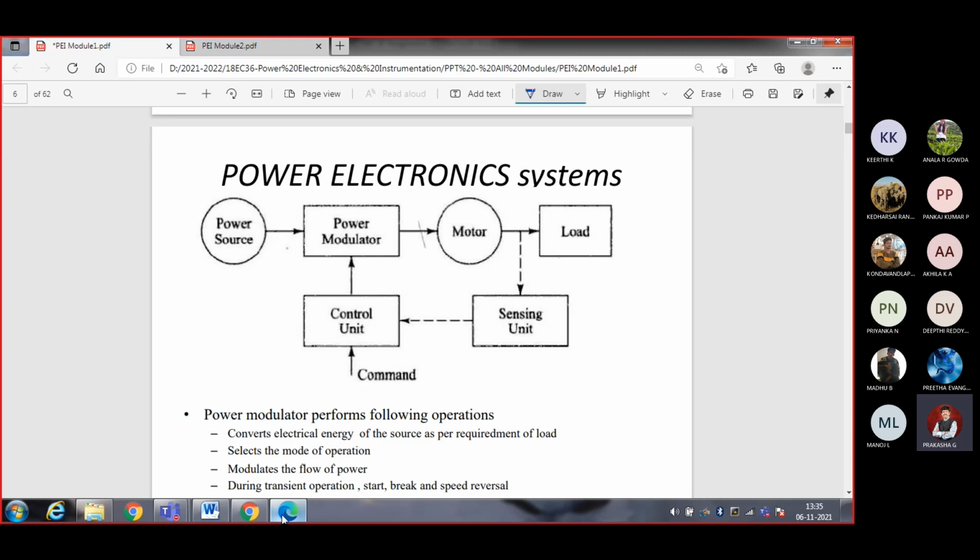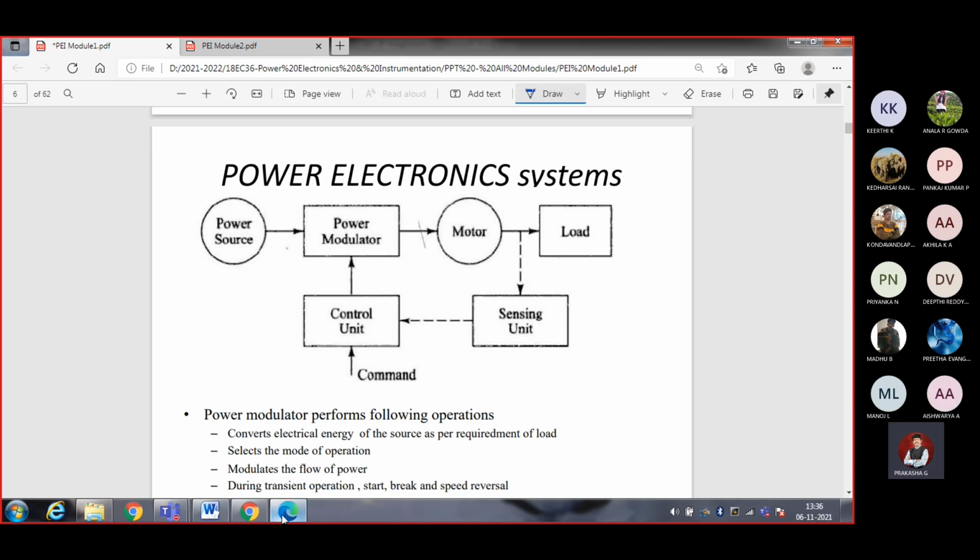Or inside the elevator, people keep pressing various buttons, like they may switch the fan on or off, and there will be an alarm. All those things are sensing devices. They give the inputs. Based on the input, the control unit once again sends a signal to the power modulator about what exactly it has to do. The power modulator keeps changing the power and gives it to the motor. The motor will accordingly operate.